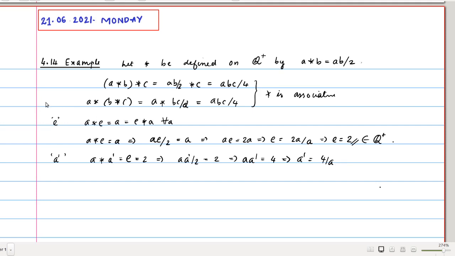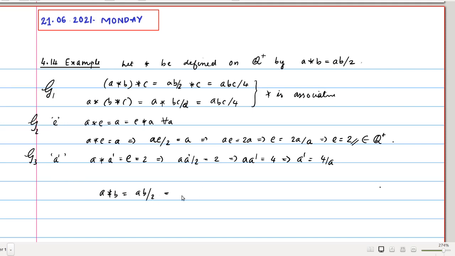So from these three statements, we can say that this is the first axiom of the group, this is the second axiom, and this is the third axiom. Therefore this forms a group. Now let's verify the commutative property as well. If we start with a star b, that is equal to ab by 2.